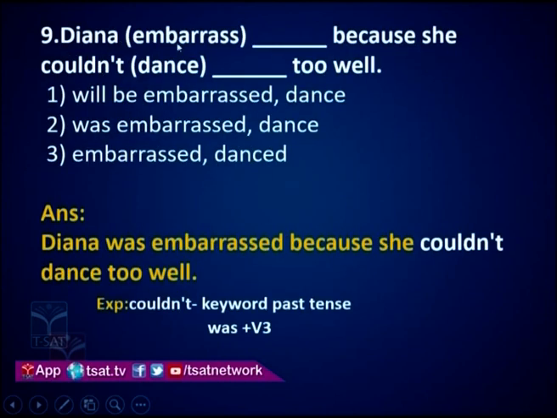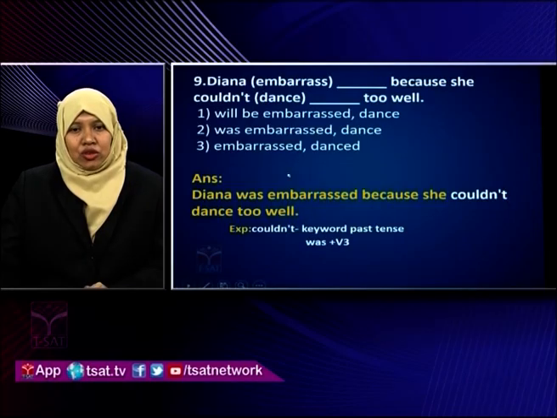If you look here, there are 2 parts of the sentence. Diana dash because she couldn't dash too well. Now the options given here are: will be embarrassed, dance; was embarrassed, dance; embarrassed, dance. The keyword you should see here is couldn't. This is in past tense.